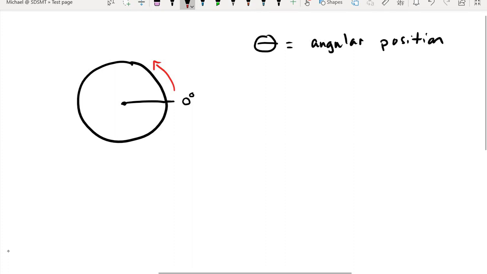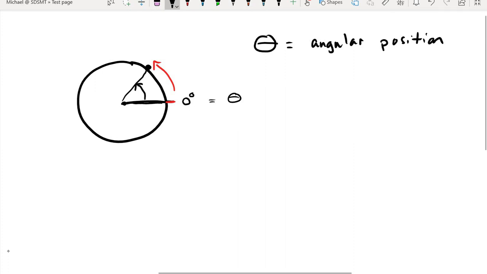Well, we're still going to use that 0 point, and if we want to, we could even label the angular position at that location. It would just be 0 degrees. But from there, if we move to some other point on the rim of the circle, that requires us to travel through a certain angular displacement.